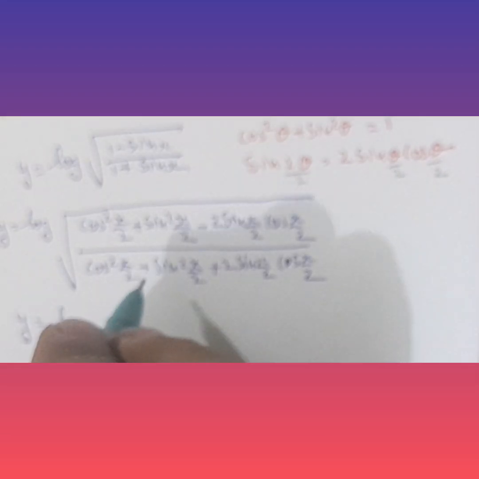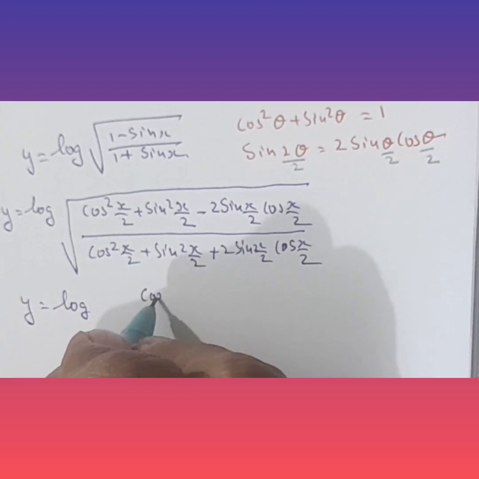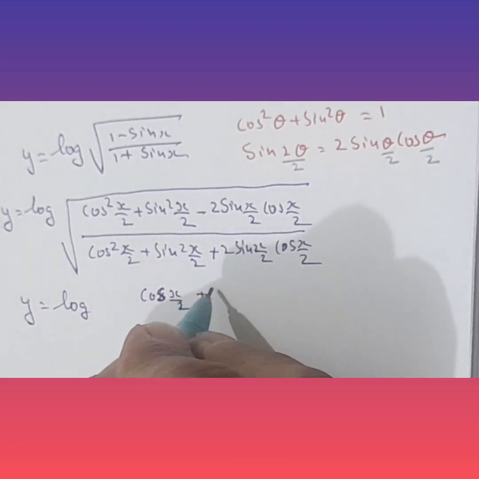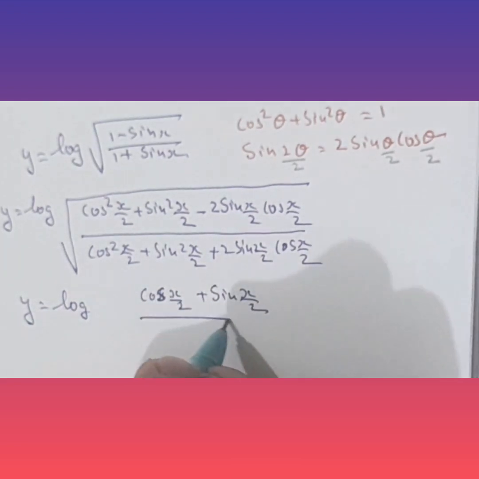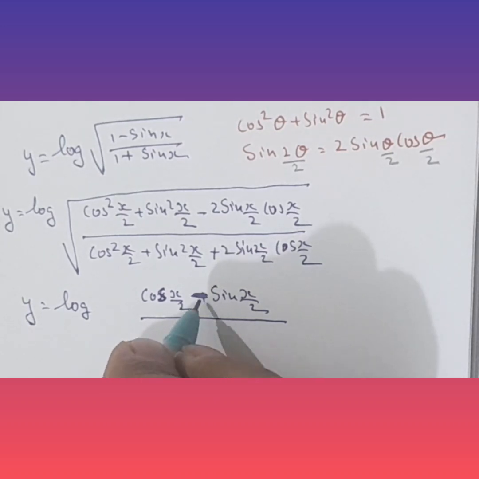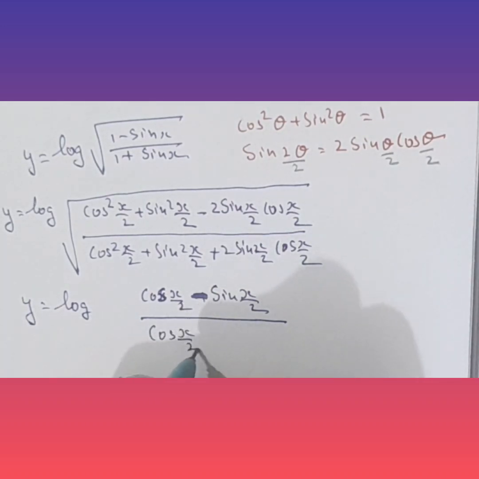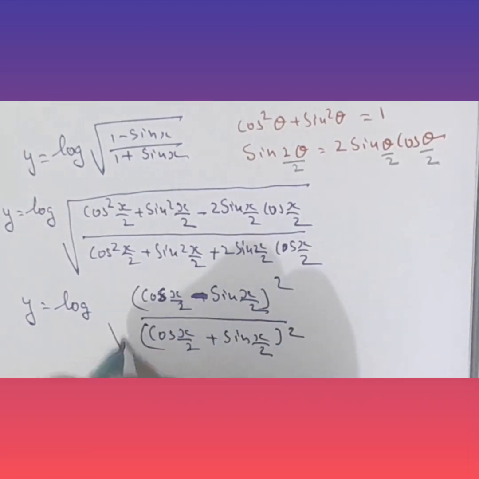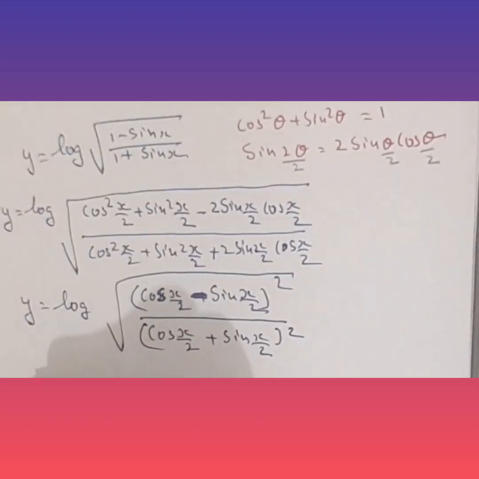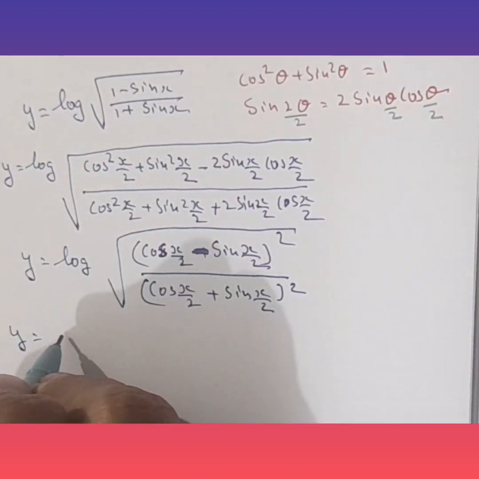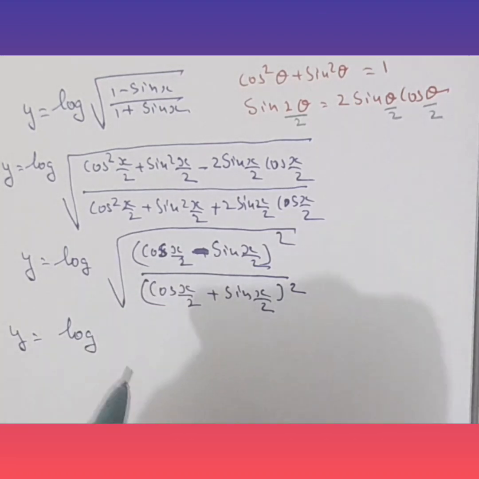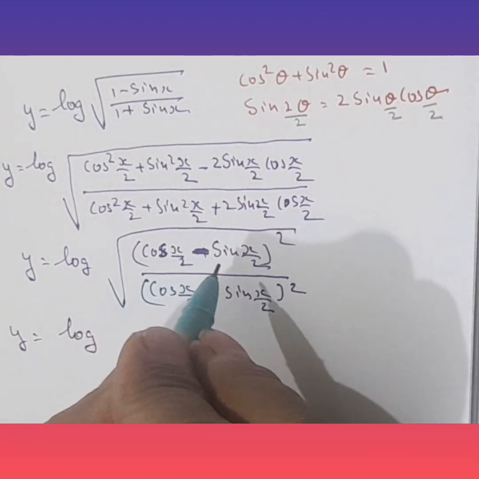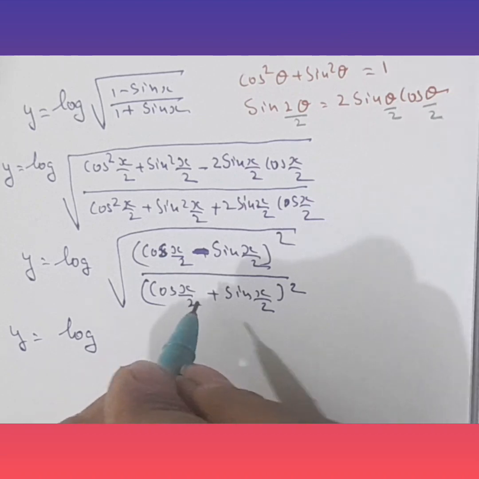So y is equal to log of a minus b the whole square over a plus b the whole square.